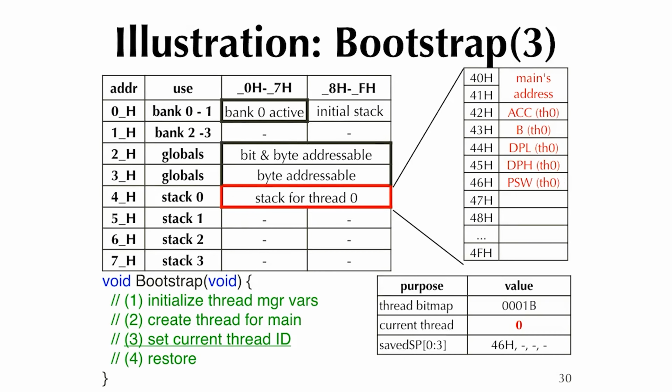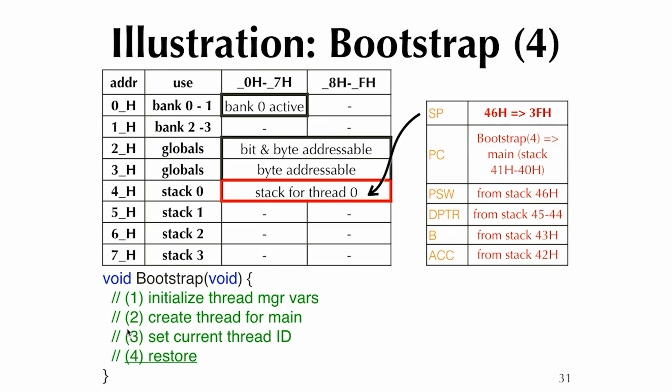In Bootstrap, step number 3 is to set the current thread ID. That's easy. We just initialize current thread to 0. Not very hard. And then now the values have already been set up. So we do restore, and that's that macro. And what does that do? That pops off the content in reverse order, right?